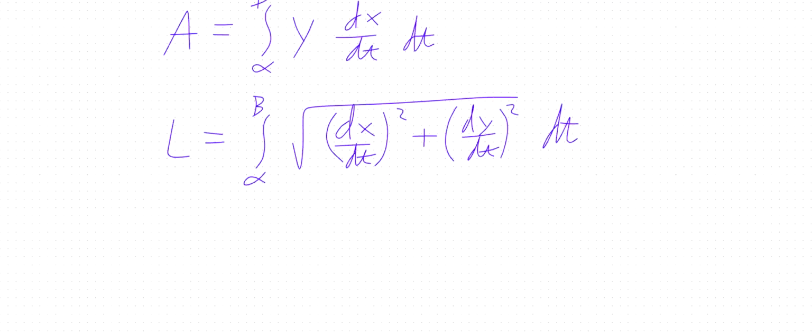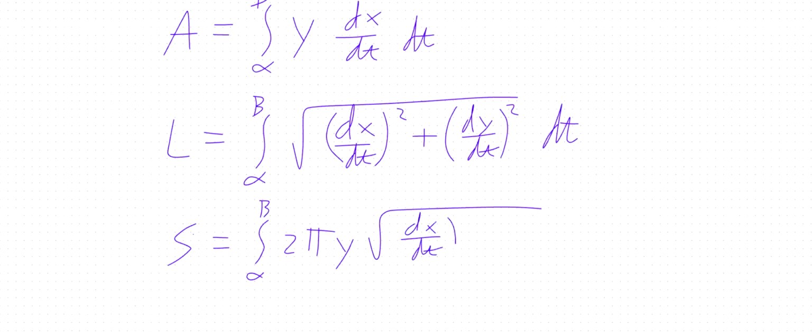And then our last one is surface area. It's 2 pi y, and then essentially your surface area equation. It's a fairly easy process for doing each of them. They just become derivatives, you're just taking derivatives of your individual equations and doing integrals.